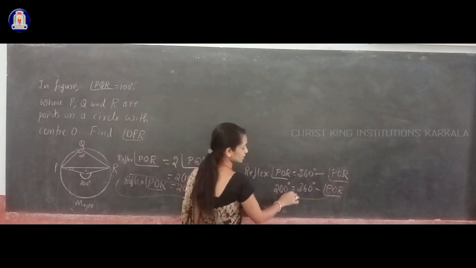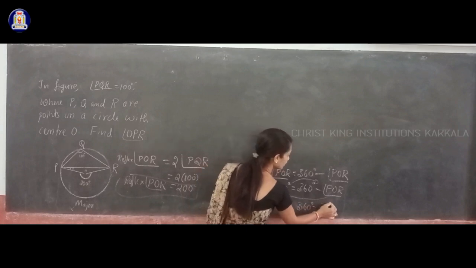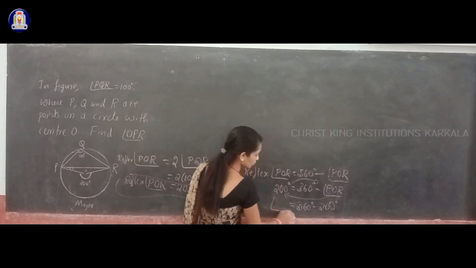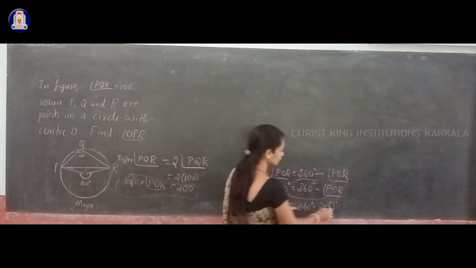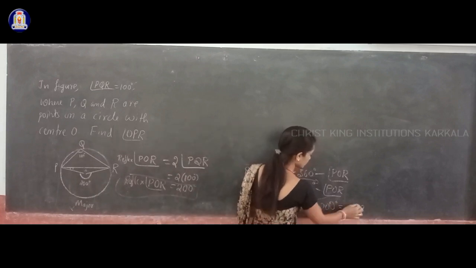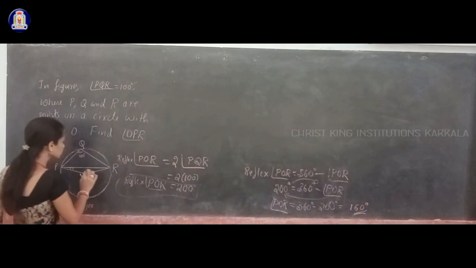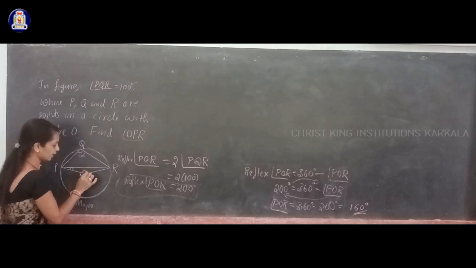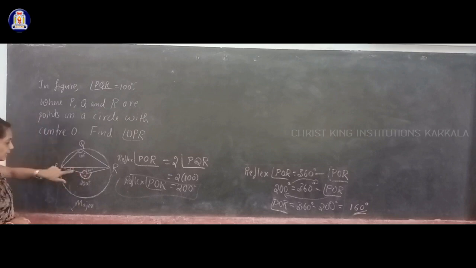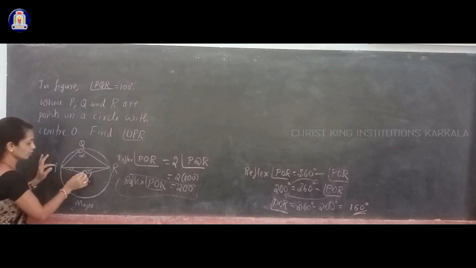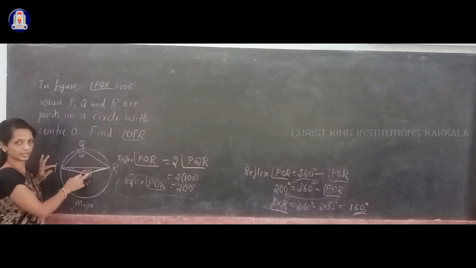Taking this angle to one side and 200 to the other side gives you angle POR equal to 360 degree minus 200 degree, that is 160 degree. So this side angle is 160 degree now. Now we have to find angle OPR, and can you see OP and OR are what for a circle? They are radii of the circle.